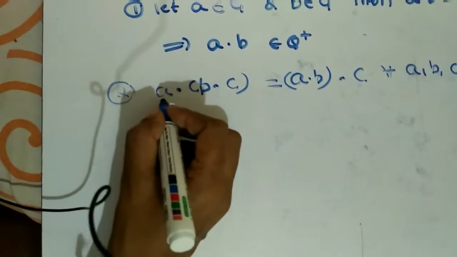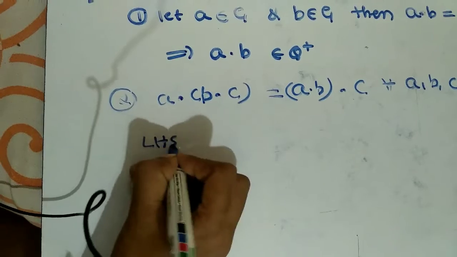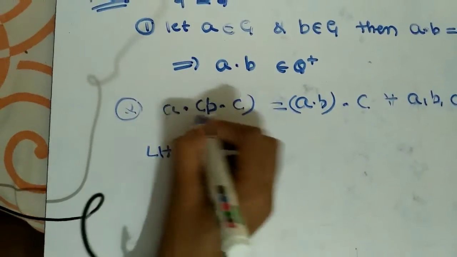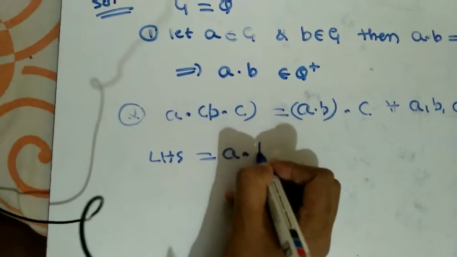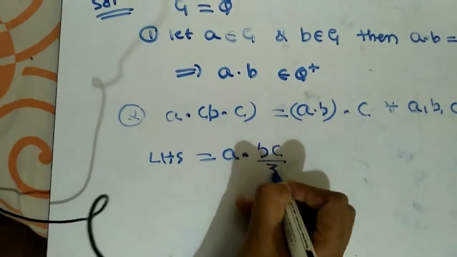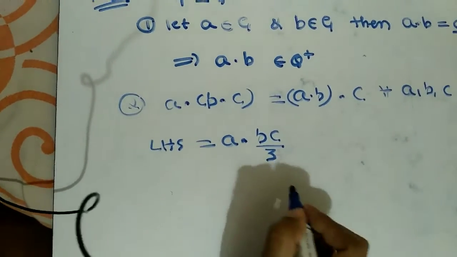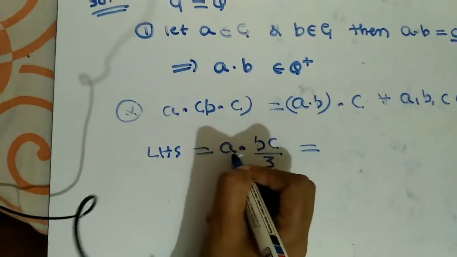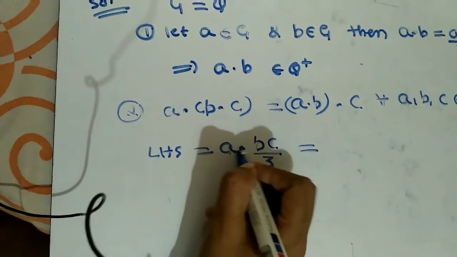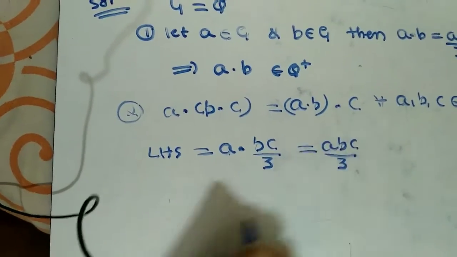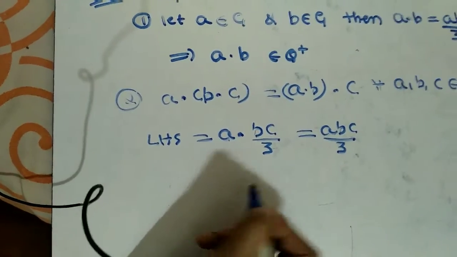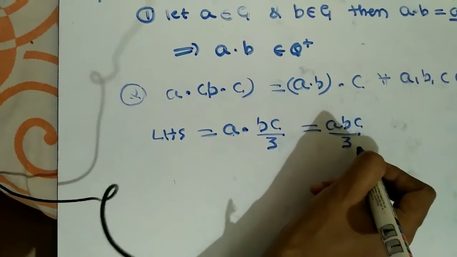First I am going to check the LHS, the left hand side. So a composition of b composition of c is bc divided by 3. If you do the product of a and bc by 3, your answer is abc divided by 3.